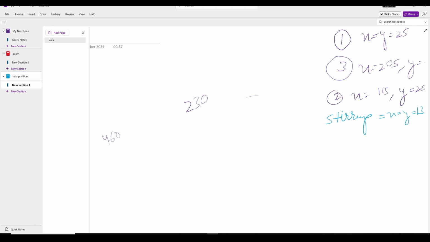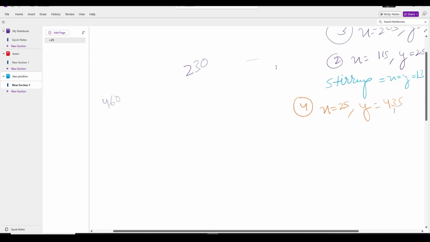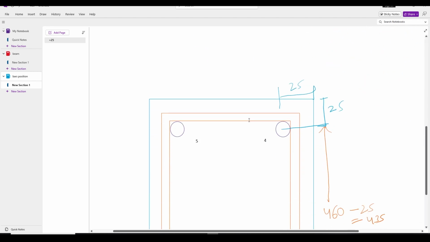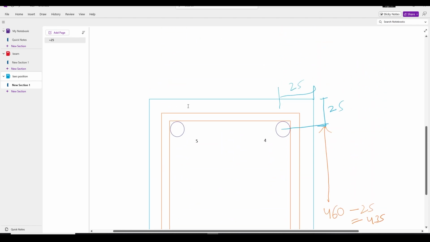Let me write it here: bar number 4, x equals 25 and y equals 435. Similarly for bar number 5, the value of y is 435, the y distance will be the same for both bars. Now we need to calculate the x distance.